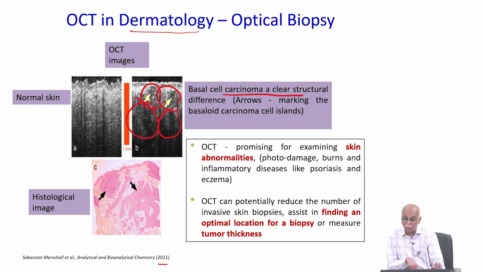If we do histology, we can also find out this type of tissue characteristics difference, but with OCT you do not have to remove anything, no biopsy, no histological image is required. You just scan through and estimate the layers which are affected due to some pathological conditions.